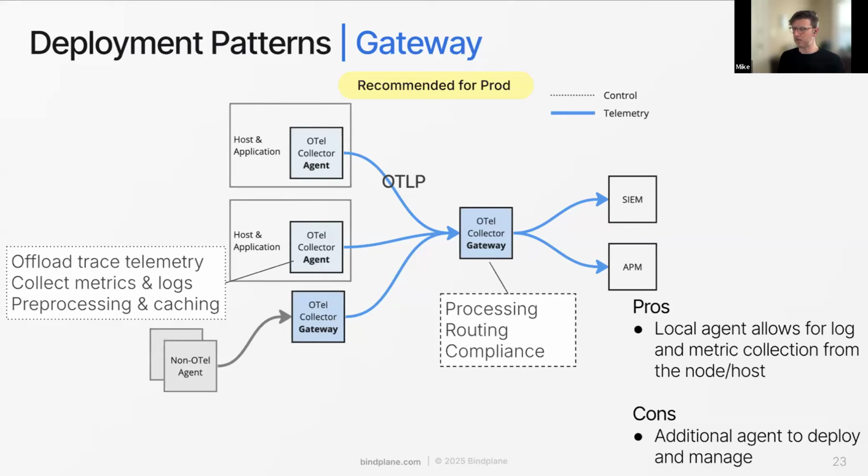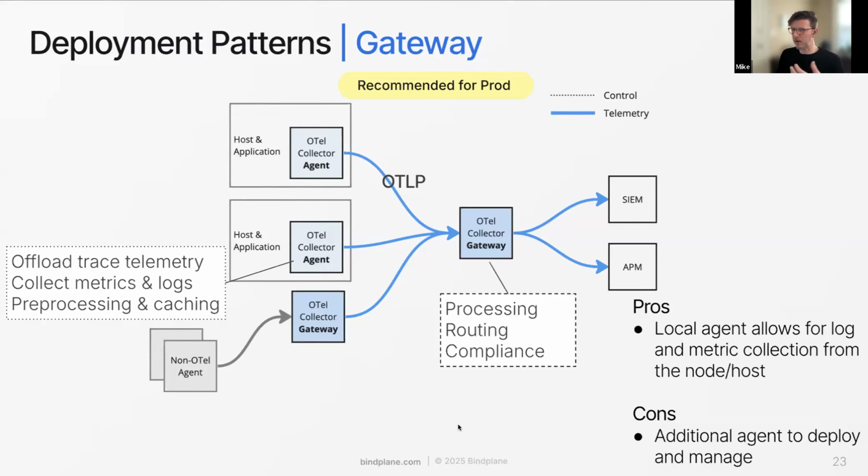And at the gateway, you do any of the heavier processing that you may need to do. You handle all of your routing. If there's any compliance, masking, or filtering, you'd be doing that typically at the gateway stage. And the flexibility here is that you have a local agent able to collect all the metrics and logs that you need from a node or a host or container, and then you have a gateway for a dedicated purpose.